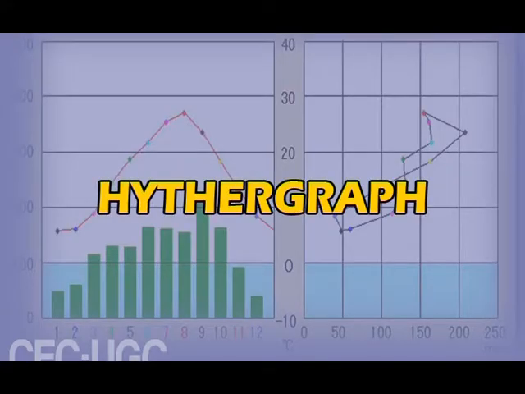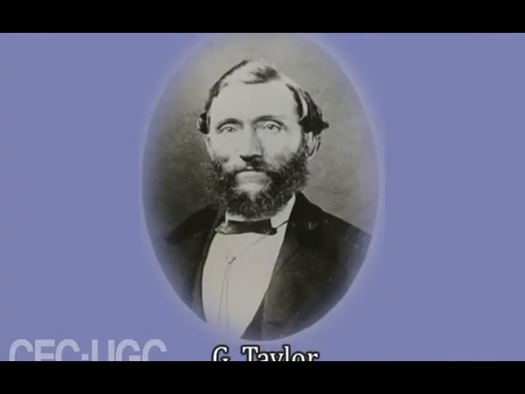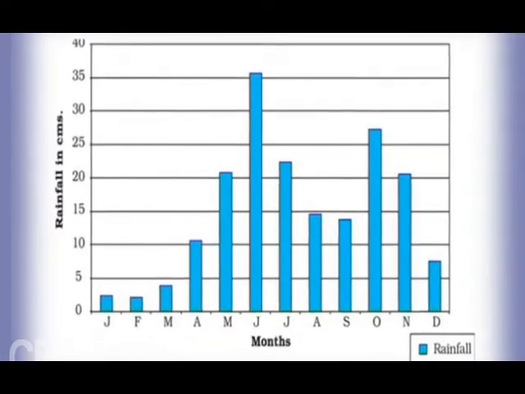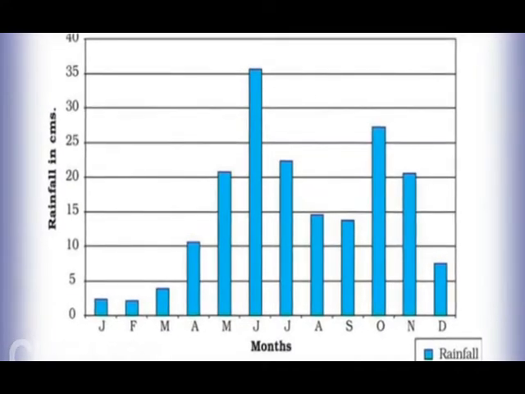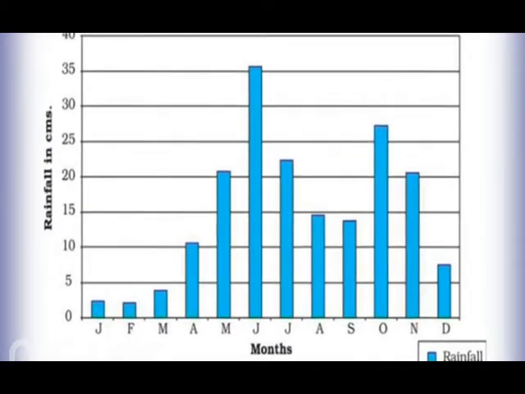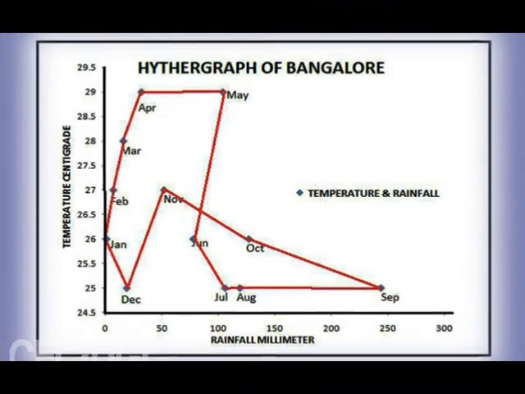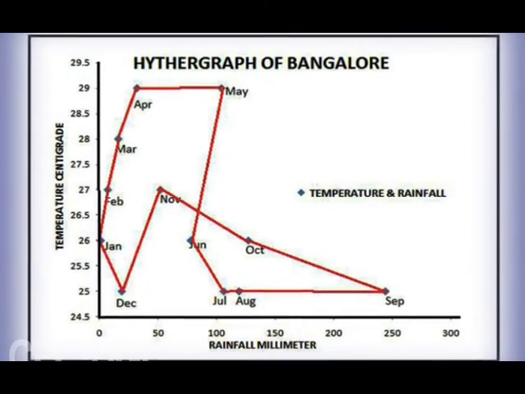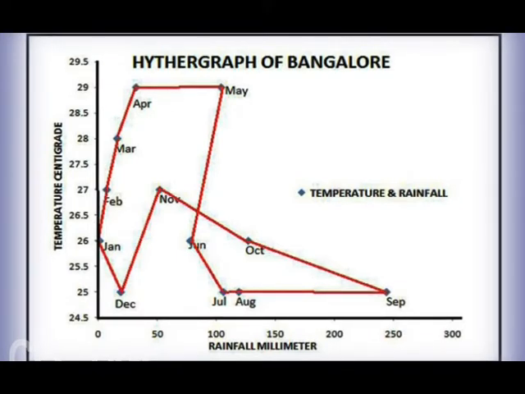Hythergraph. The hythergraph was devised by Griffith Taylor. It is a graph like the climograph as defined by Race, Foster and Huntington. In this case, each of the 12 monthly points is a temperature-rainfall ratio. Here, temperature is plotted along the vertical coordinate and rainfall along the horizontal coordinate.